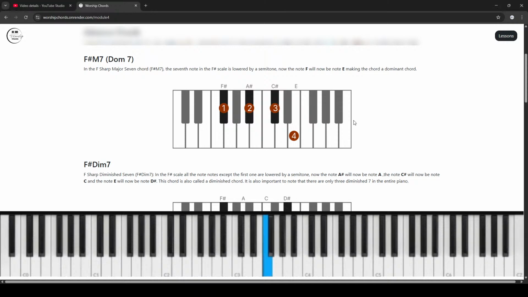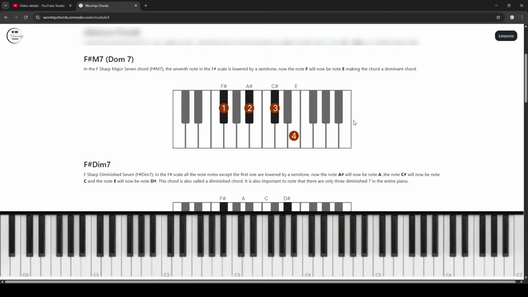So the 7th note here, for it to become a dominant note, you lower it by a semitone, so it becomes from F to an E. So from your F sharp chord, instead of F sharp 7th, now this is F sharp 7, also known as the dominant 7, because the 7th note has been lowered by a semitone.